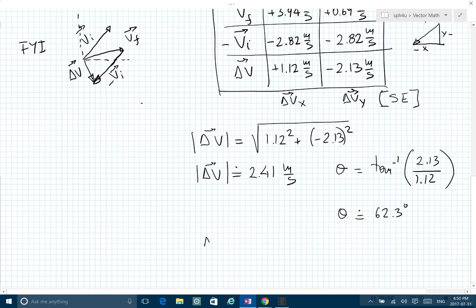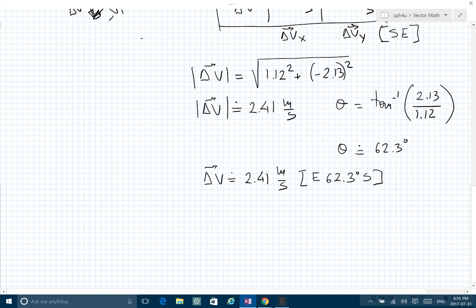So we can report the delta V as a vector to be roughly 2.41 meters per second, and the direction is east 62.3 degrees south. At this point, we can actually find the acceleration.